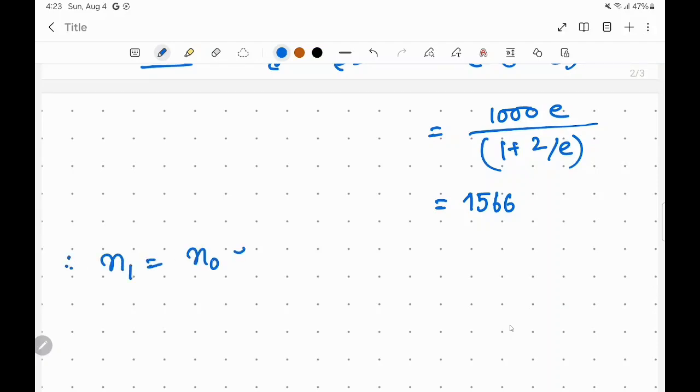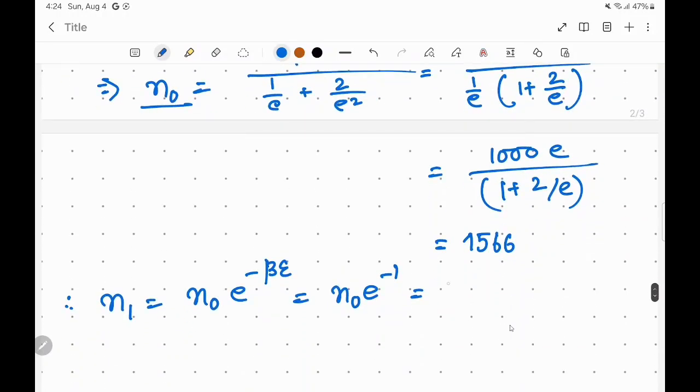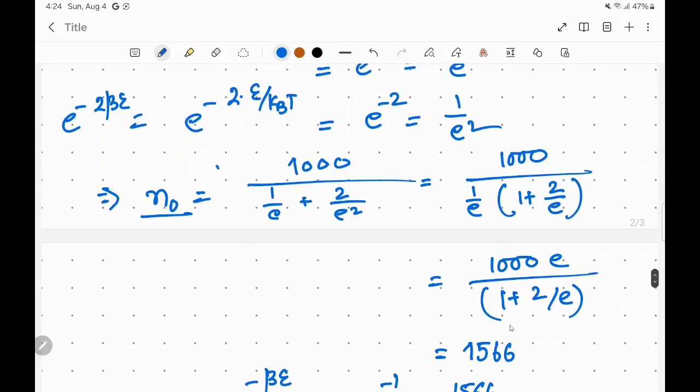Now if n0 is known, what was n1? N1 is n0 into e to the power minus beta, and e to the power minus beta is just e to the power minus 1. You can do the math directly, or you can put in this formula as well.